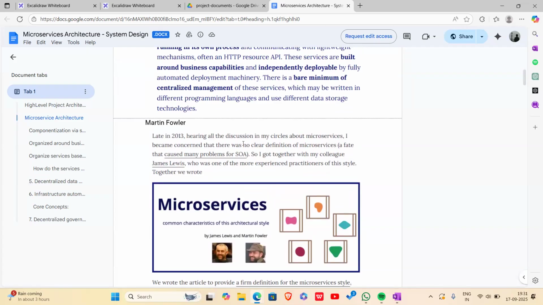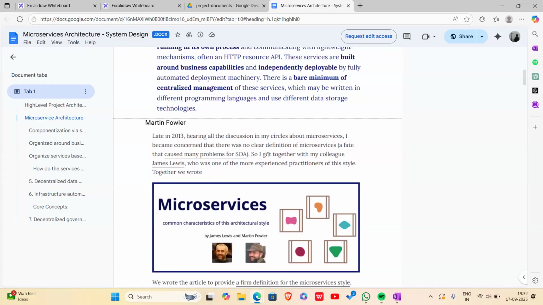I have already mentioned monolith, modular monolith, and now microservice. There is another one called SOA, service oriented architecture, which is similar to these architectures, and microservices are also somewhat derived from SOA.